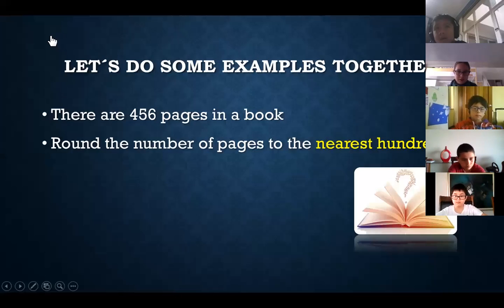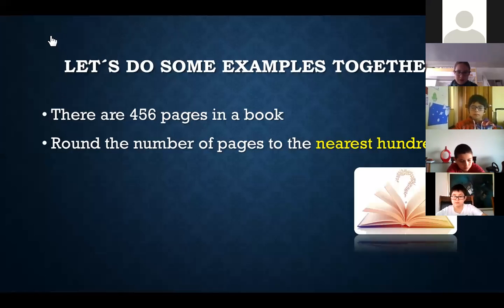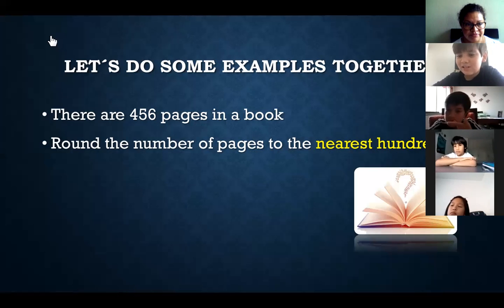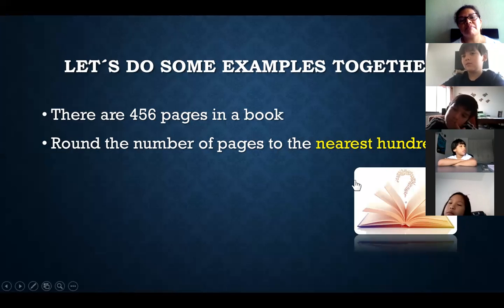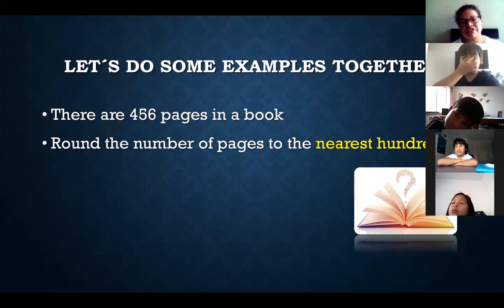I think the answer is 5. What? No. To the nearest 100, it's 500. 500, because I said to the nearest 100. The amount of pages in this book is 456, but the nearest 100 is 500.